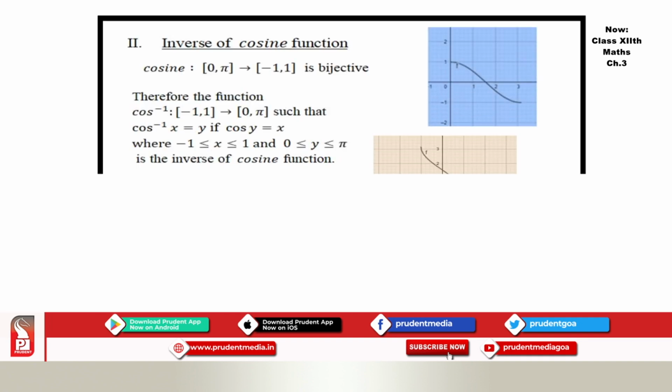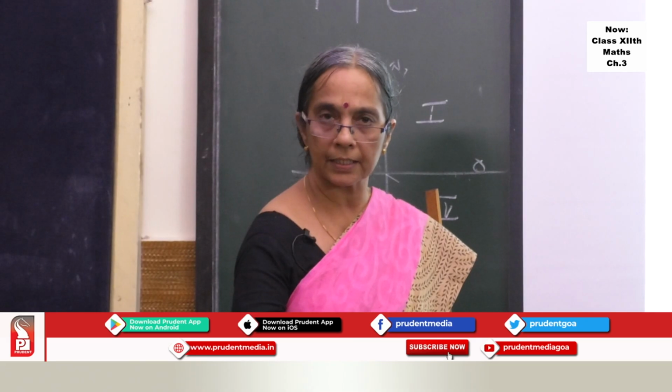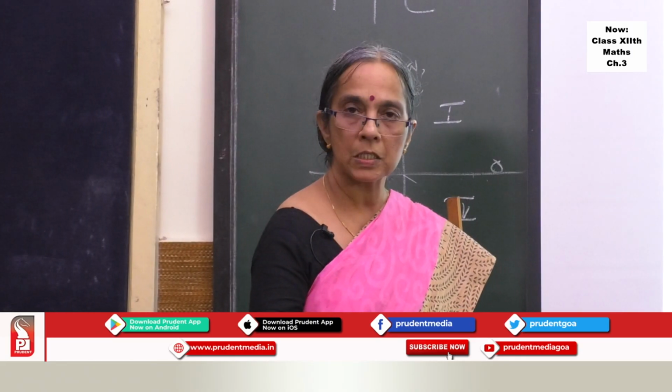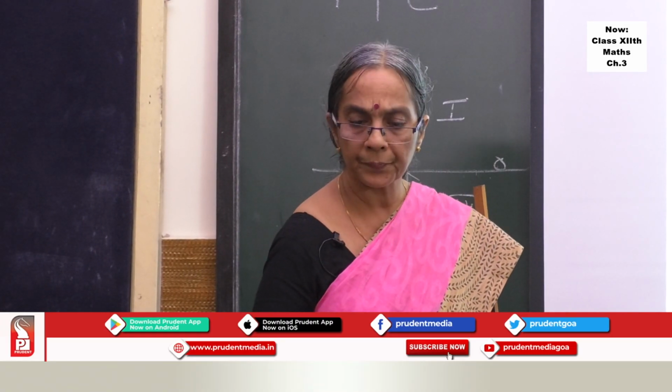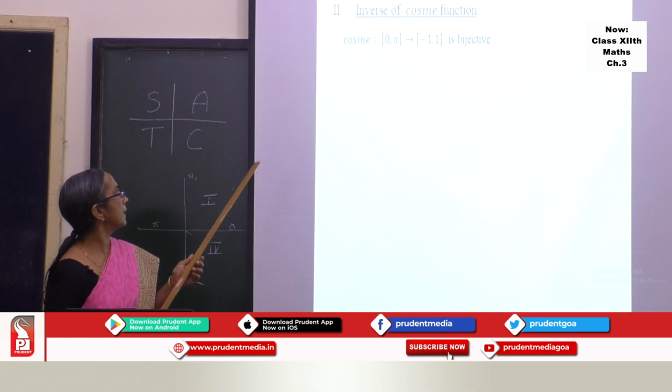Okay. Now, let me go to the next function, which is the cosine function. Let us see what the domain and codomain of the cosine function are, so that the function is bijective. Inverse of cosine function.